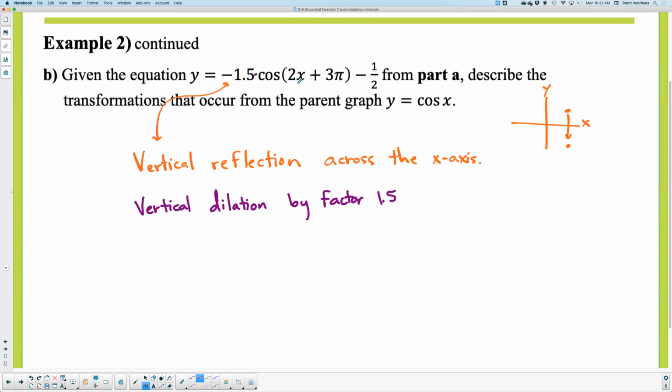Okay, and now we're getting to the inside. What about this b value? A horizontal dilation. Now, did we actually multiply by 2? Dividing by 2 is the same thing as multiplying by 1/2.